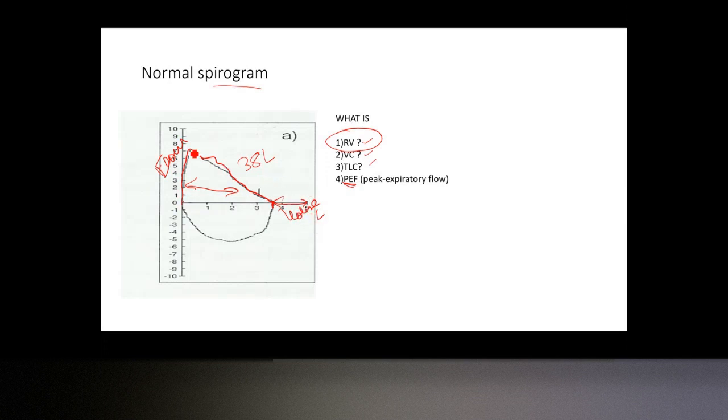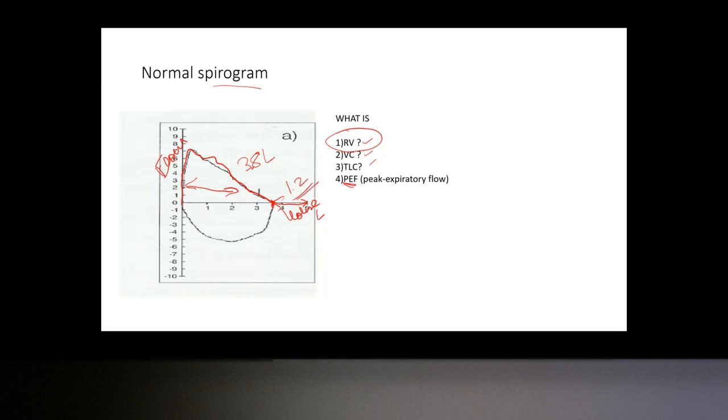So after I take out the 3.8 liters of air, if I were to say the lung capacity was 5 liters, the residual volume would be around 1.2. However, we need to know the total lung capacity.